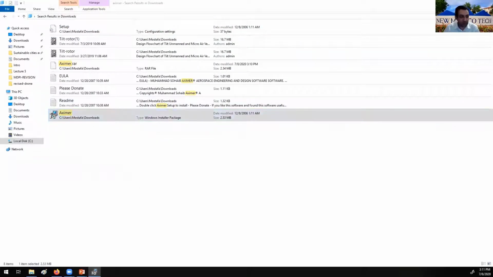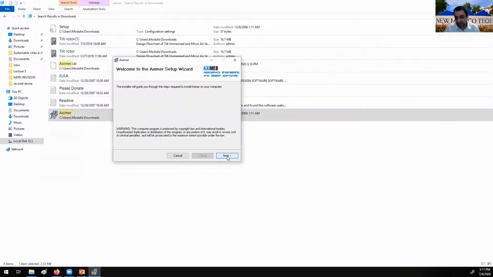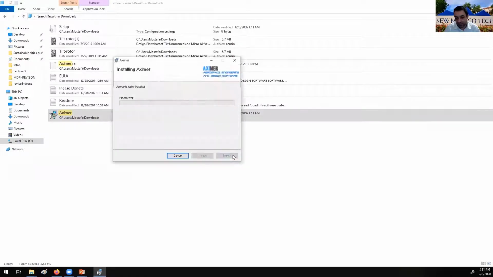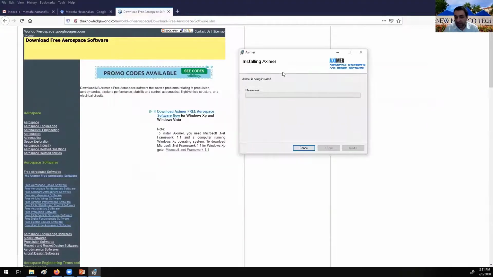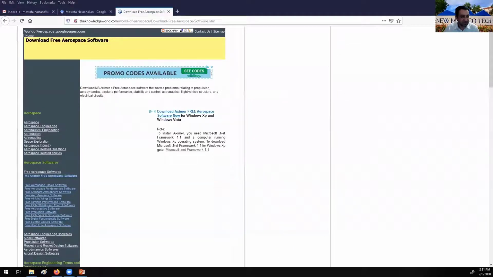Okay, so you can easily install the software. Let's see how this works, and hopefully it works on Windows 10, because I know this is an old software that we were using for analyzing the different parameters.